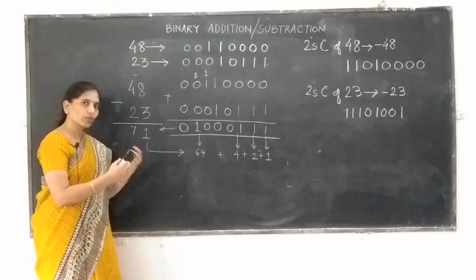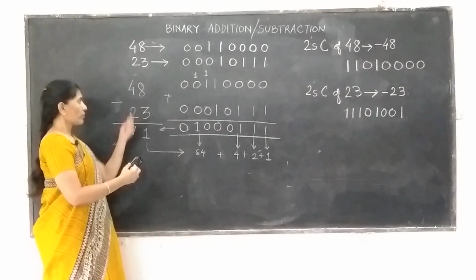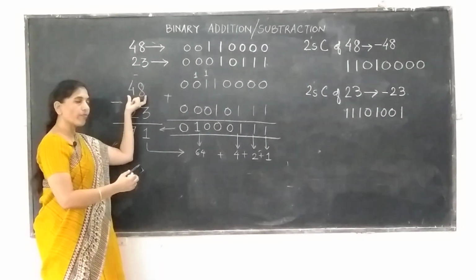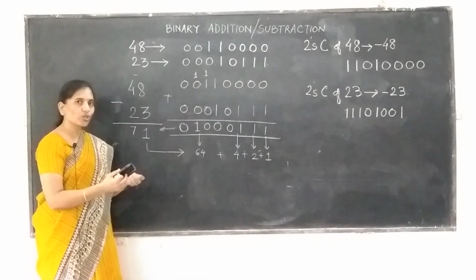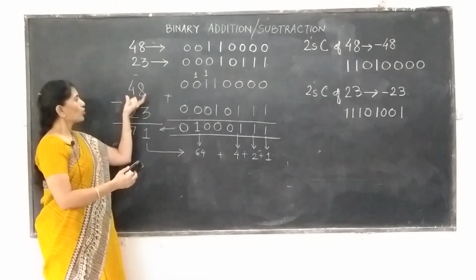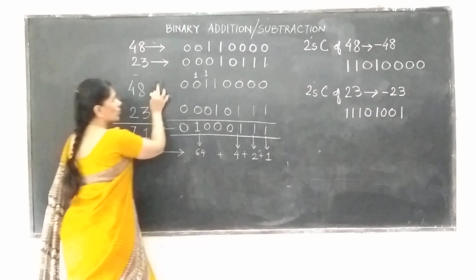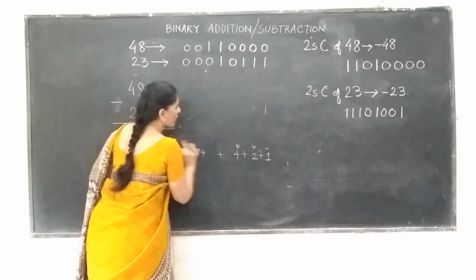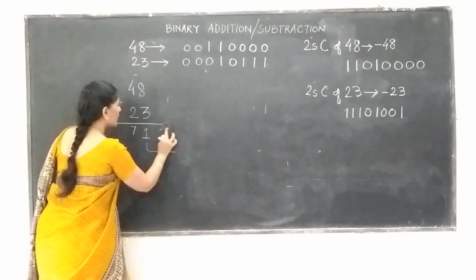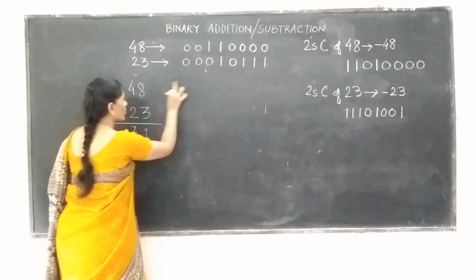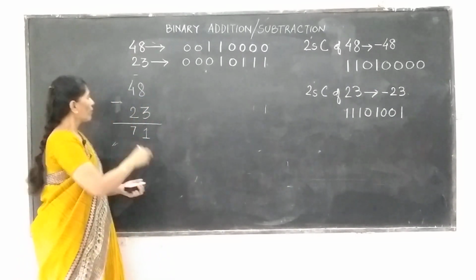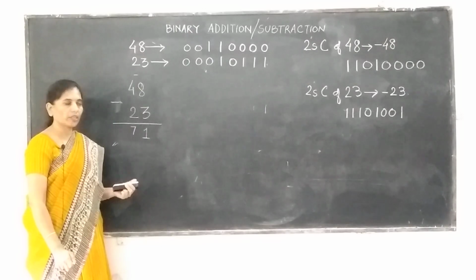So we are going to do this particular subtraction of 23 from 48 as an addition of a negative 23 to plus 48. So for that purpose we will require the negative representation or negative number for 23.